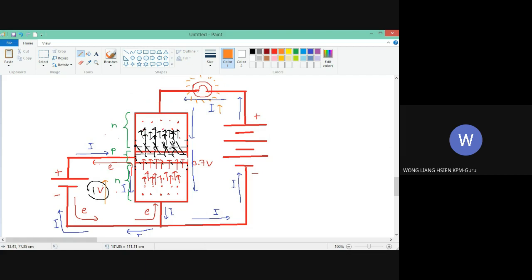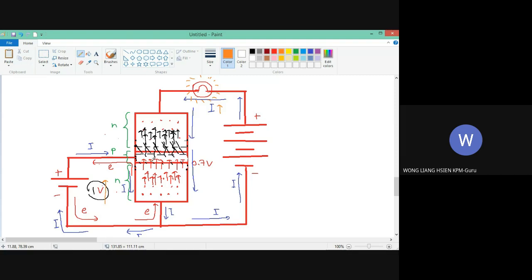That means it's like a resistor with changing resistance. Because you see, when this voltage here is lower than the junction voltage, totally no current can flow. So we say that the transistor is turned off. How is it that the transistor is turned off and no current can pass through?